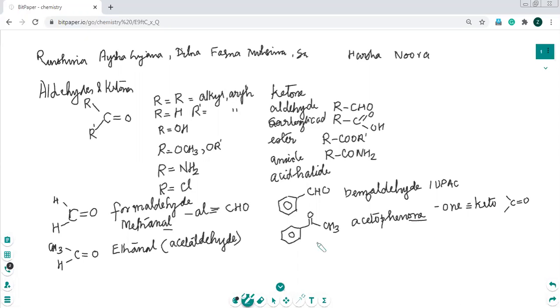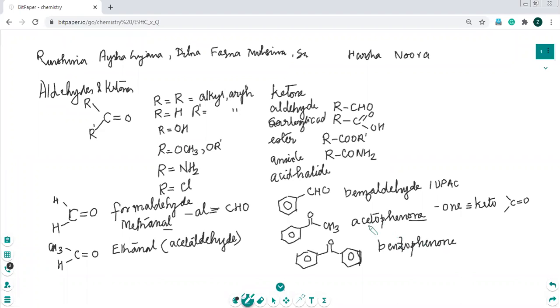And suppose I have both sides a benzene ring, you get benzophenone. So the benz stands for one phenyl ring, and the other phen stands for the second phenyl ring.